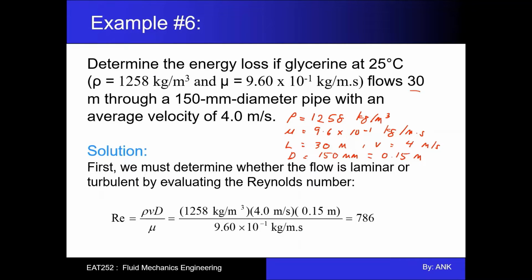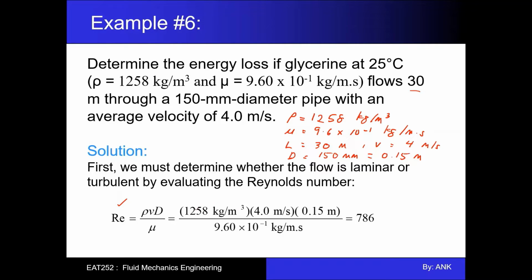This is the formula: Re is equal to density times the velocity of flow, times the diameter of pipe, divided by dynamic viscosity. We substitute all this information into the Reynolds number equation.